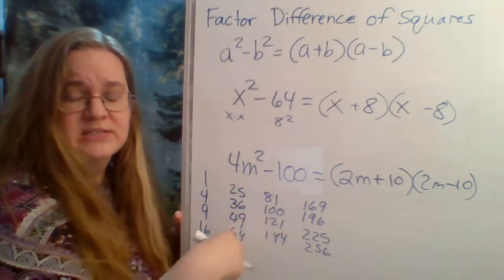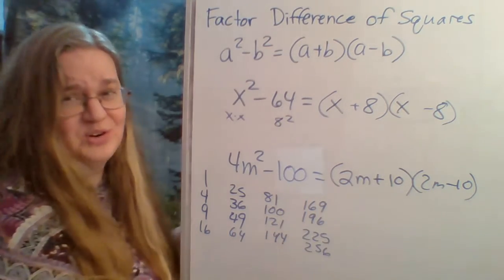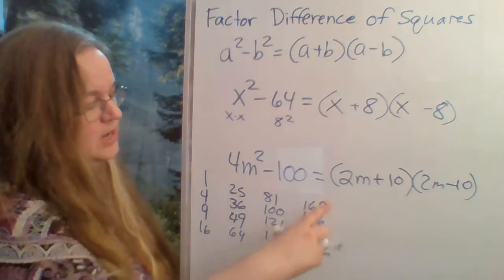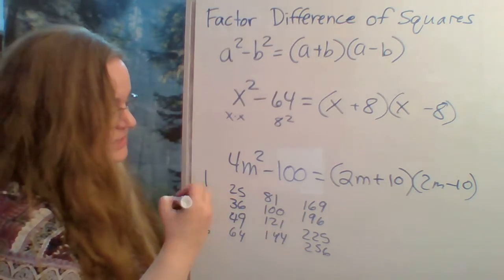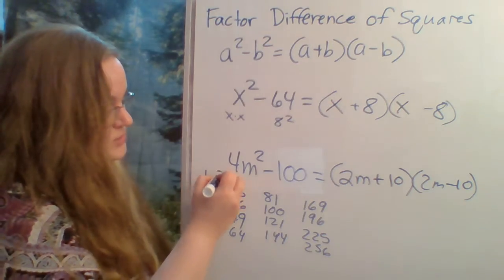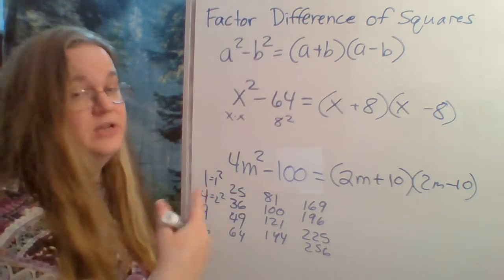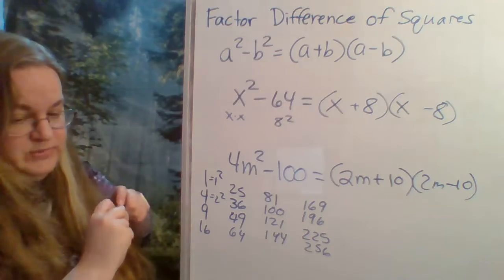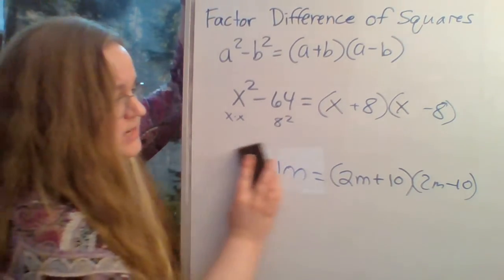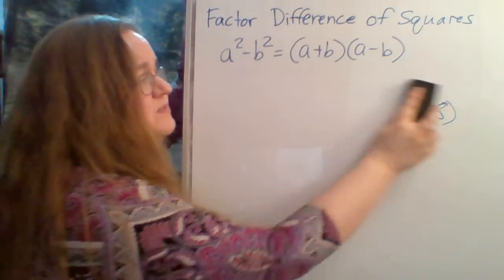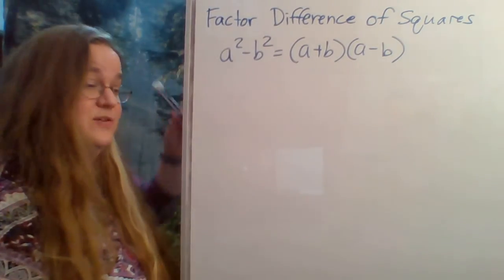You only have to go so far, because you can use your calculator, but it may be an easy reference to have these listed out, like 1 squared, 2 squared, etc., so that you have that information in front of you. That's your choice, but sometimes that can be really helpful.